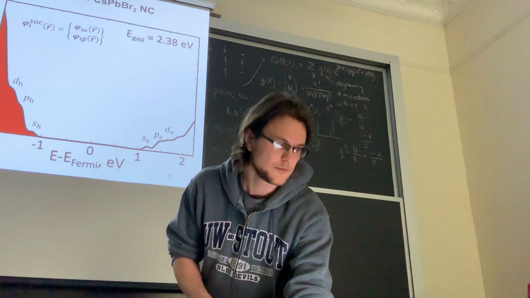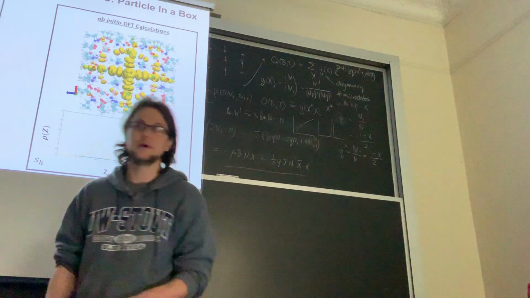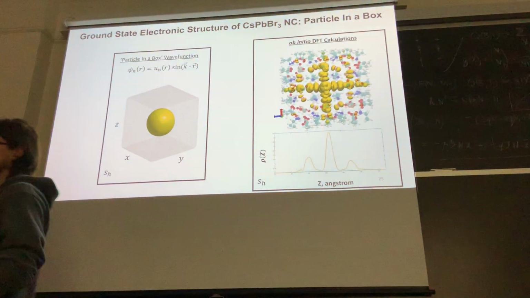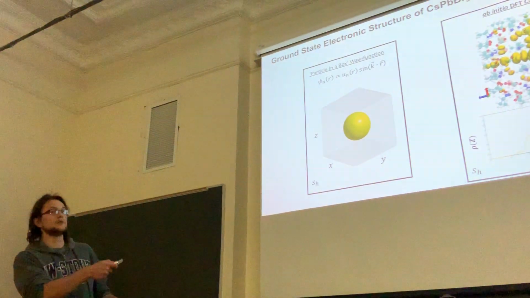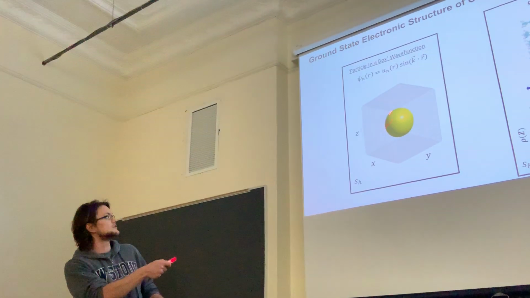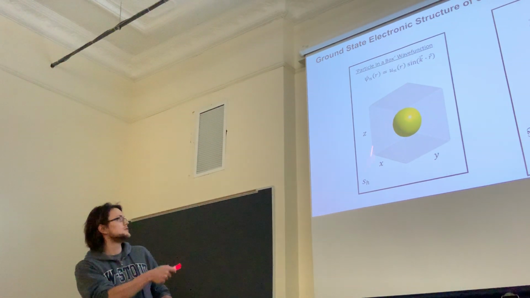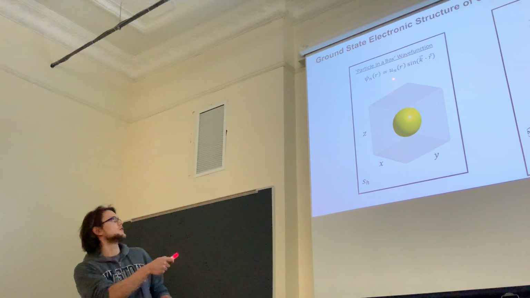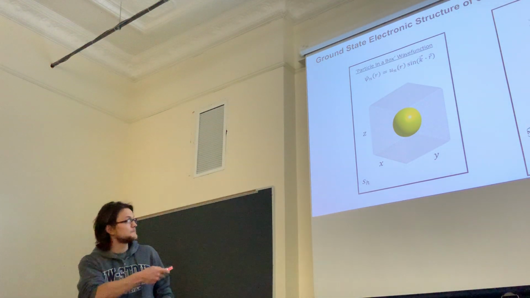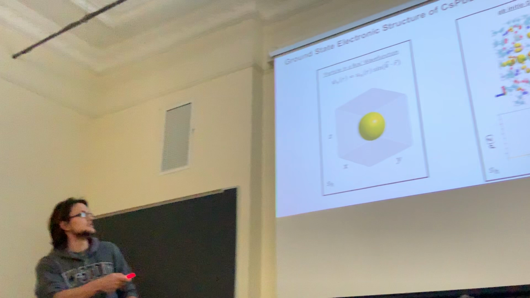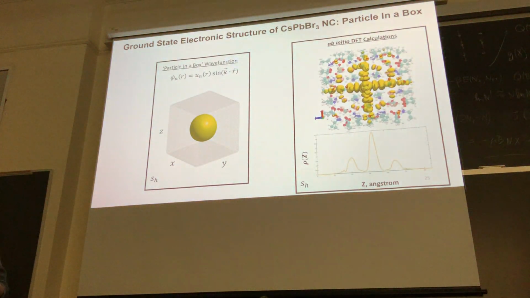This is the ground state electronic structure, and then just to make the connection back to particle in the box: on the left, this box represents the boundary conditions, and this sphere on the inside represents the envelope function for a particle in the box, and we don't compute the fast varying periodic parts. But for ab initio calculations, you look at the orbital, so this is the corresponding orbital for the lowest excited state.